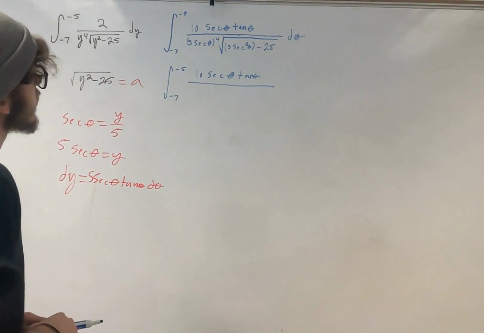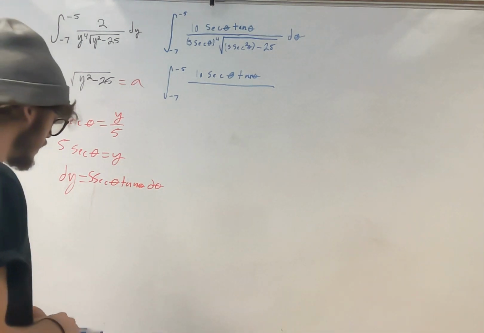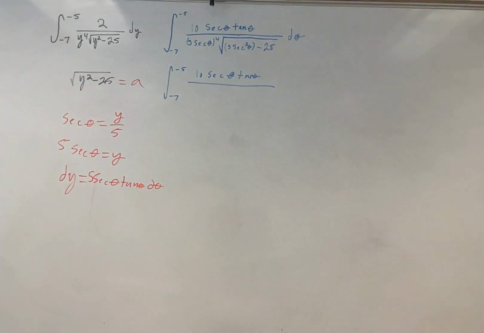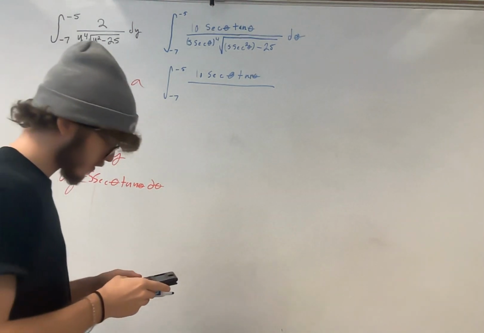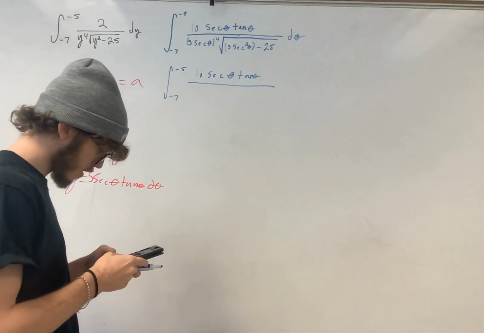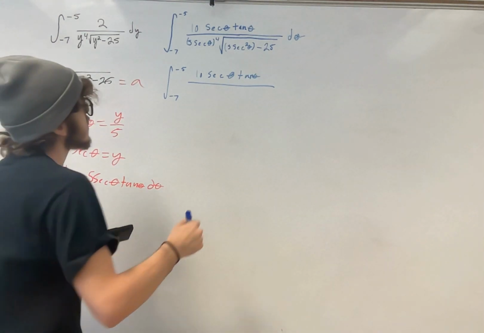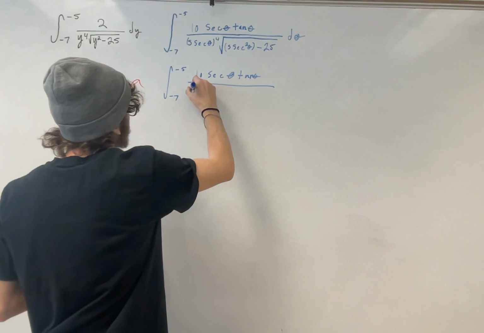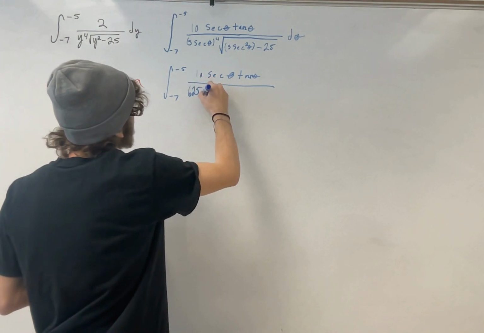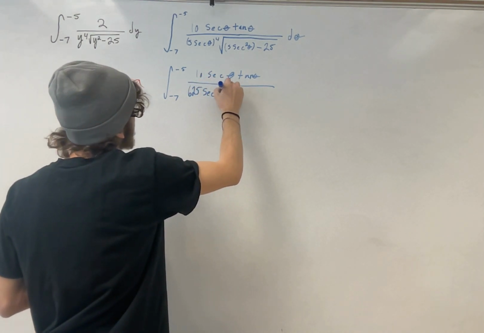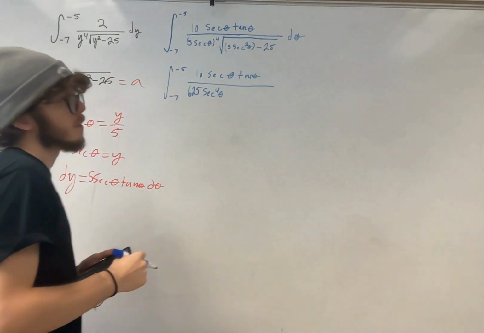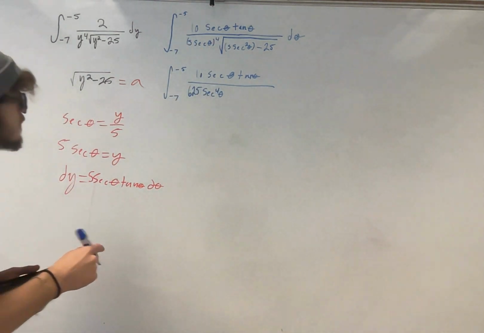But we're going to simplify these. 5 secant theta to the 4th. Well, we need to take 5 to the 4th, and let me grab my calculator here. 5 to the 4th is 625, so we're going to say 625 secant to the 4th of theta, because we're taking the 4th power of secant.